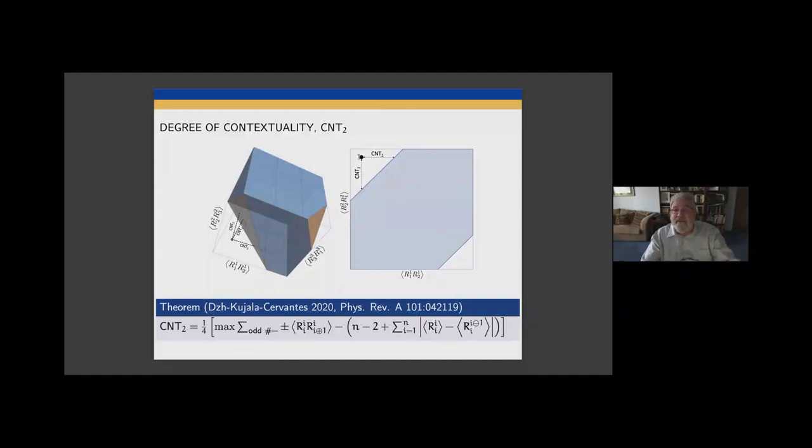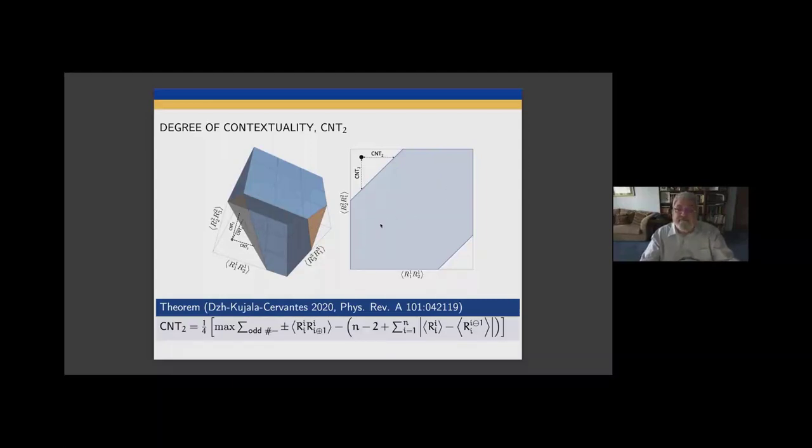It's outside the polytope, so it's contextual, and every point between this point and this point on this edge, so anything within this segment, is equidistant from your observed system. And so you can take a single coordinate difference, and it will already be the measure of the distance between the system and the polytope.